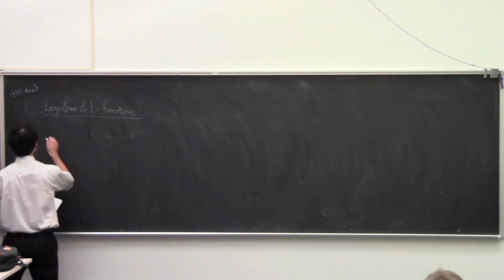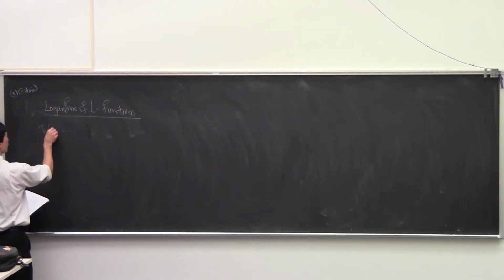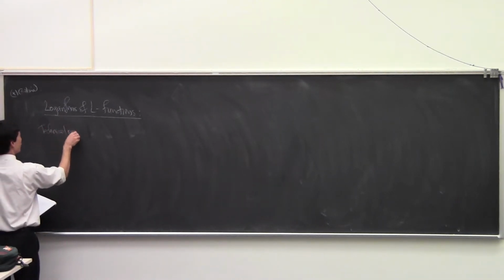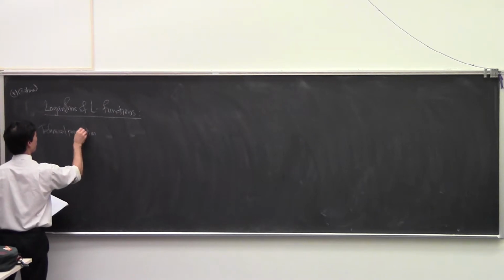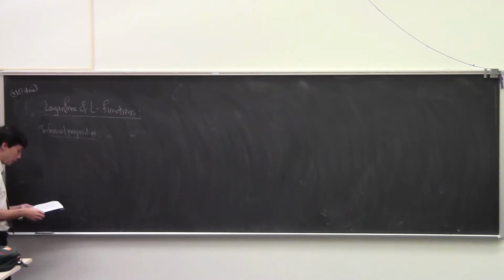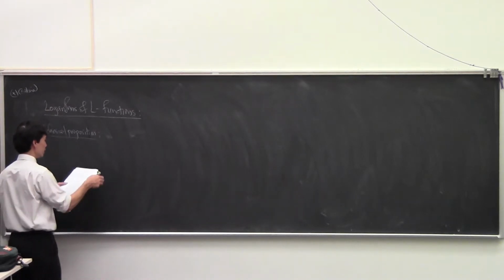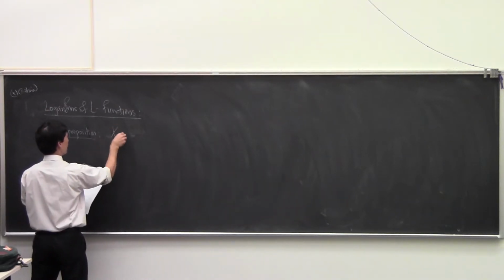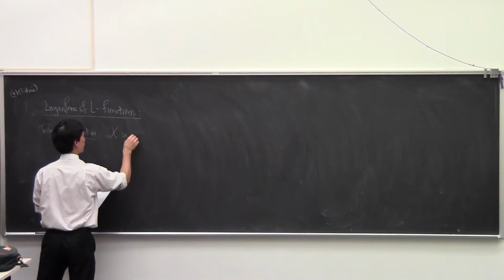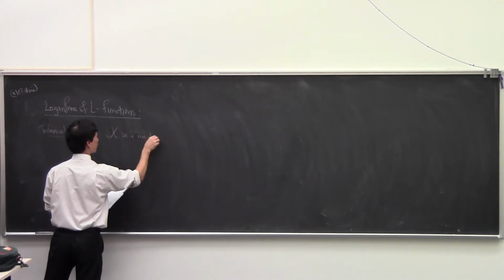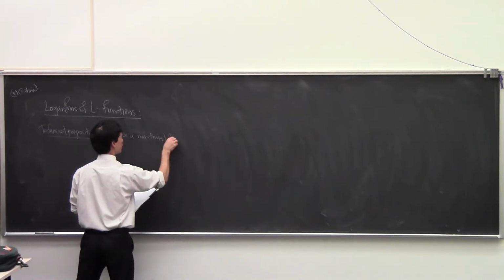Okay, so here is what I'm going to call the technical proposition. Let chi be a non-trivial Dirichlet character.